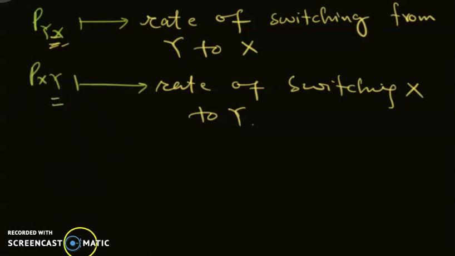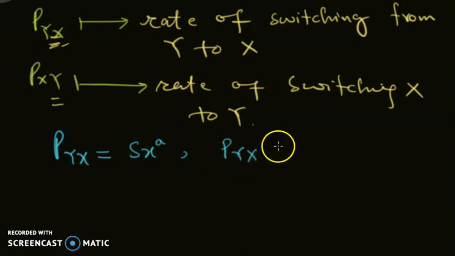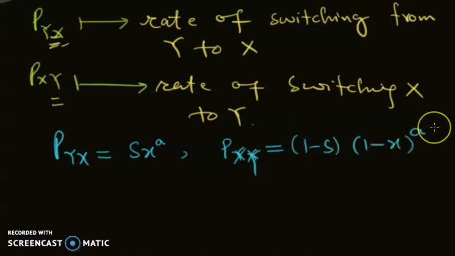So what next? We will consider the model where P sub yx is given as s times small x to the power a, and P sub xy is 1 minus s times 1 minus x to the a.